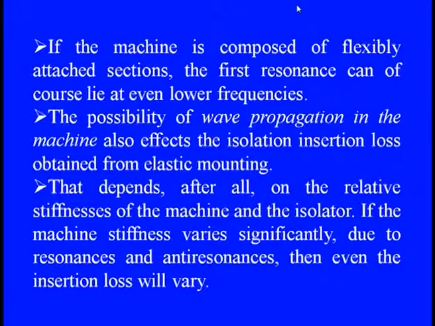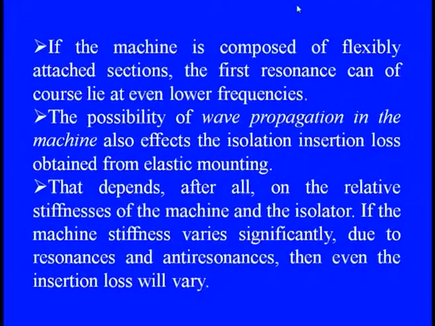But this all depends on the relative stiffness variation of the machine to isolator, because ultimately the entire things are being varied through these connectors or through these contact regions. So how the isolator is being varied with this, and if the machine stiffness varies significantly due to any reason, maybe resonances, maybe anti-resonances, then even the insertion loss will also vary accordingly, and it plays a critical role in designing these isolators.